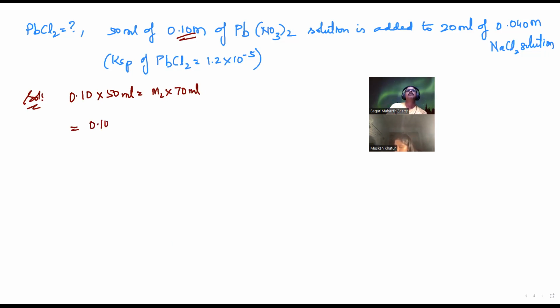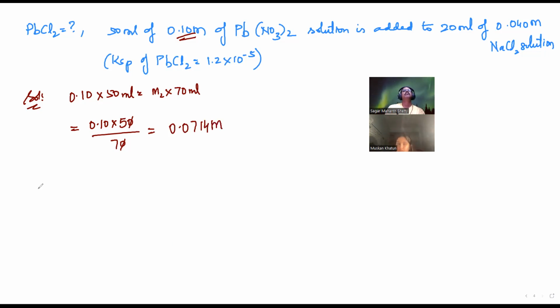So that would be 0.10 times 50 by 70. Just use a calculator: 0.10 times 5 divided by 7. 0.0714. Correct.